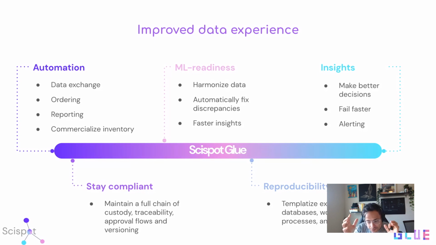They'd rather build the apps on top of the infrastructure. The other challenge they've mentioned is that data normalization takes a lot of time before any insights or decisions can be derived from the data. So improved data experience is one of the main value props behind Glue.